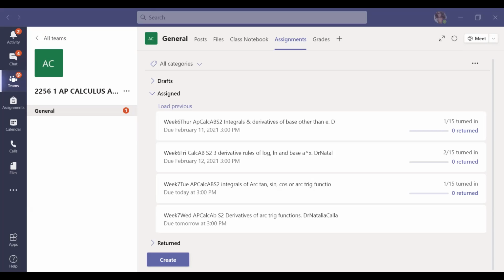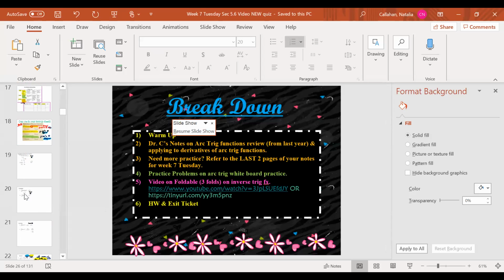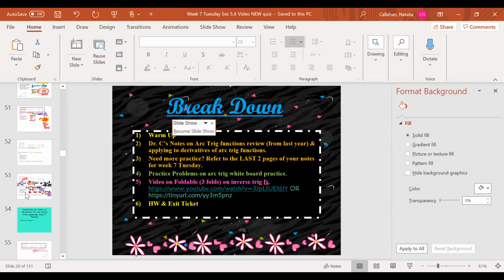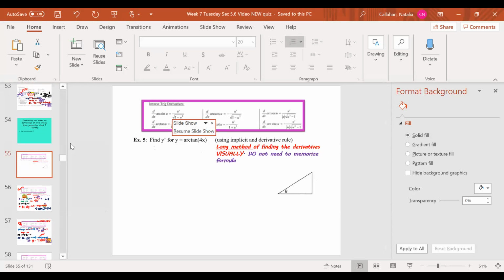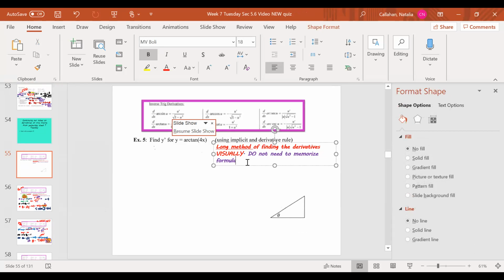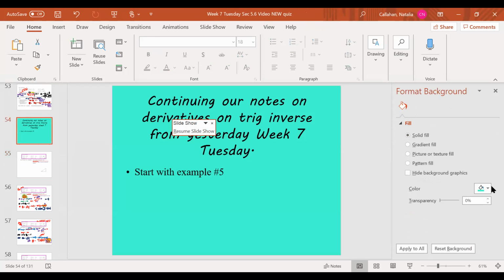Okay, so if we were to go back to this and review and think about how we go about getting the answers for this, I want to make sure I insert this in here so that you guys can see it. I'm going to move this down a little bit. The steps are as follows.